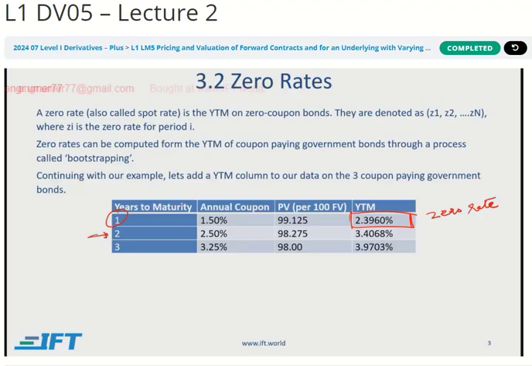Now the complexity will start with the second and the third bond, because the second bond is going to have a coupon payment for 1 year, and then the next year it's going to have its face value. So what we do is something called bootstrapping, and what that means is that we will use the zero rate for the first bond, which is the year 1 bond, and we will use that zero rate to discount the first cash flow of the 2-year bond, and for the second year we know that it is maturing then, and we will calculate the YTM for that second year, which will be the zero rate for the second year.